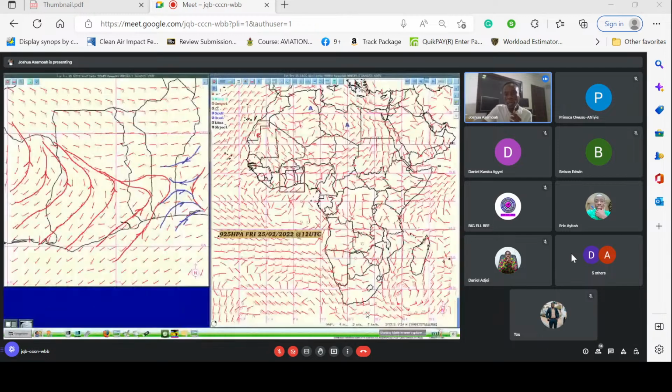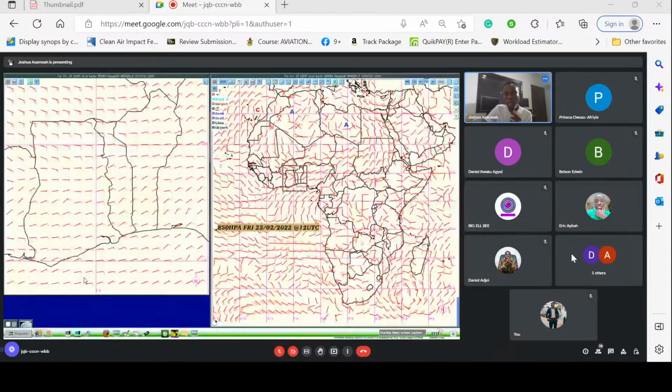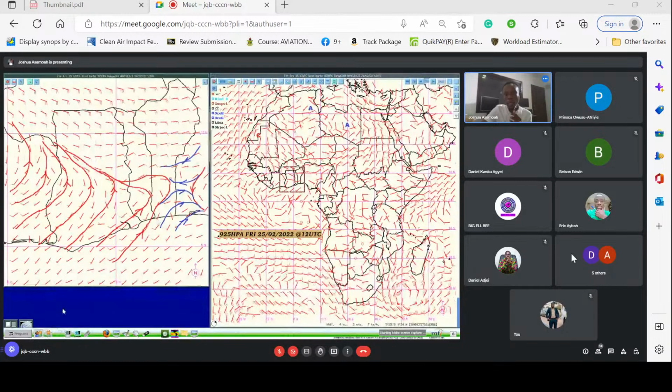All right. So this is an example of a wind at 925 hectopascal, which is low level wind. From here, we can see that the winds are moving from the ocean. So the direction is southwesterly as they hit the country. The source is from the ocean because the winds are moving along the coast before they get into the country.